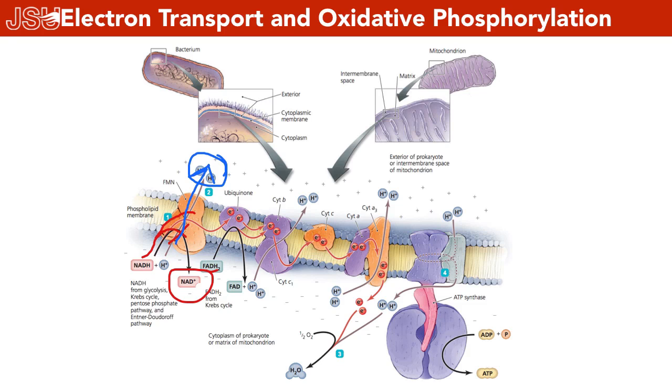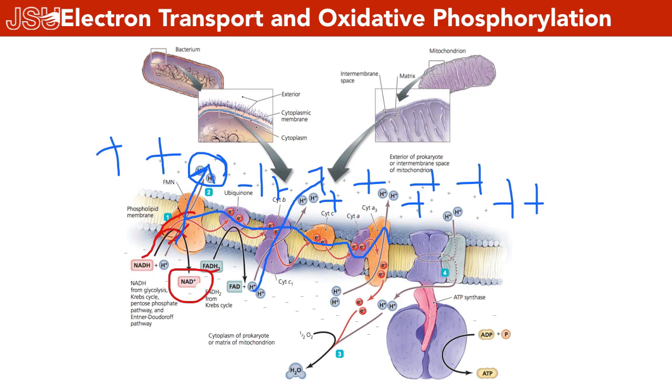Provide electrons. Okay. These electrons will then move through something we call the electron transport chain. As these electrons move through the electron transport chain, we're going to move other protons to the other side. We're going to make a concentration gradient of protons.